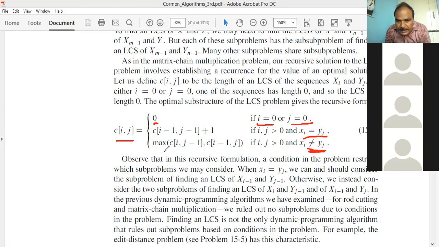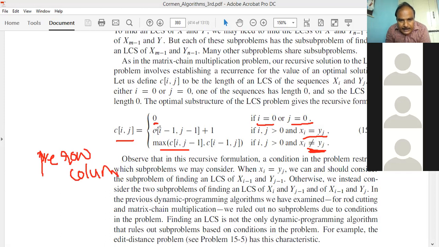If not equal, it is the maximum of C[i][j-1] and C[i-1][j]. The meaning of this is the previous row and previous column.